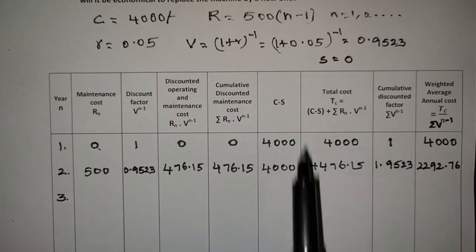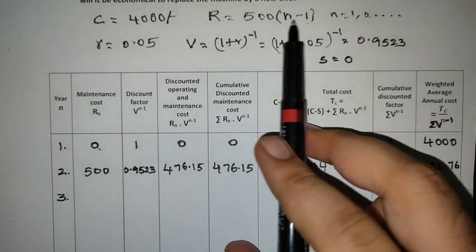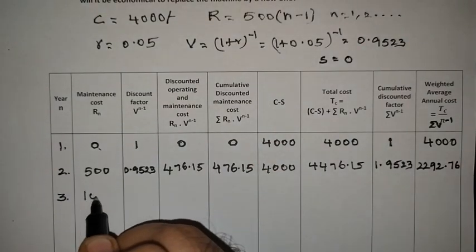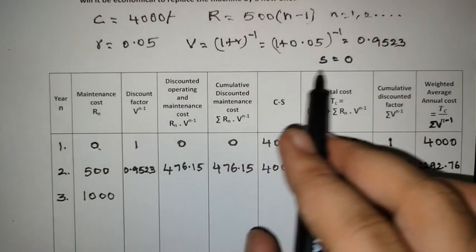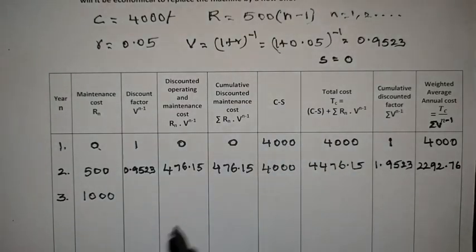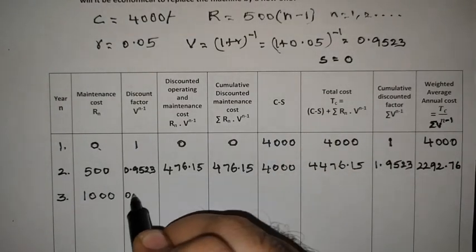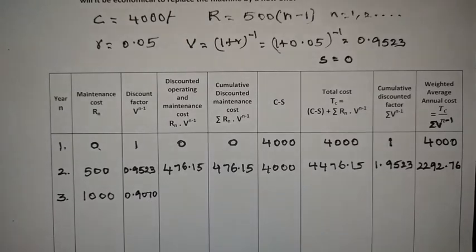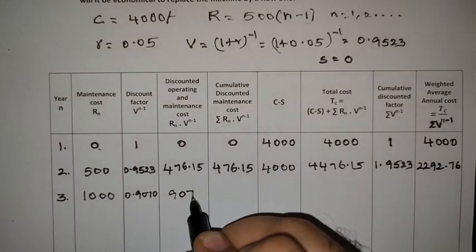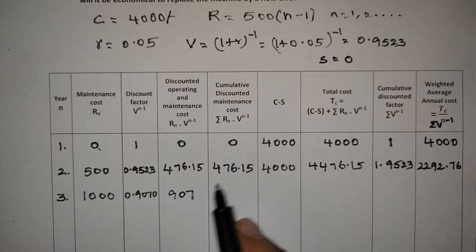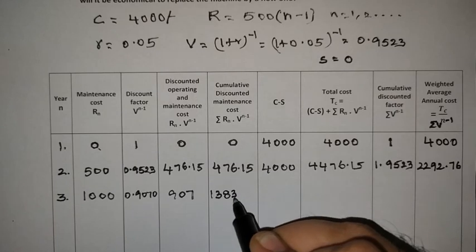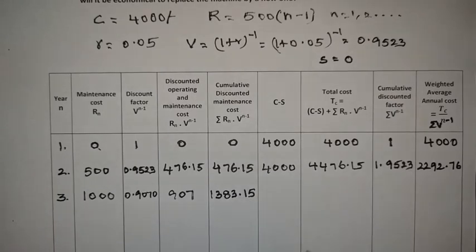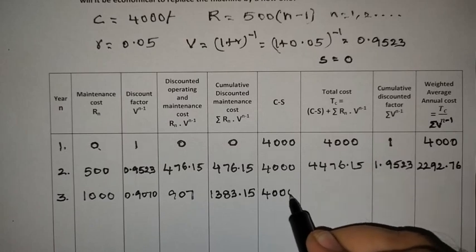In the third year the maintenance cost is 500 into 3 minus 1, so 500 into 2 becomes 1,000. V power 3 minus 1 means V square, 0.9523 square, which gives 0.9070. Rn into V power n minus 1 gives 907. Sigma value is 907 plus 476.15, which gives 1,383.15. C minus S is 4,000 rupees.